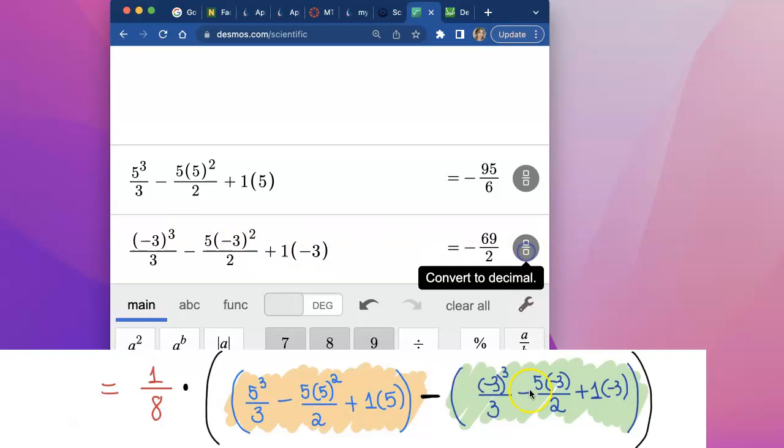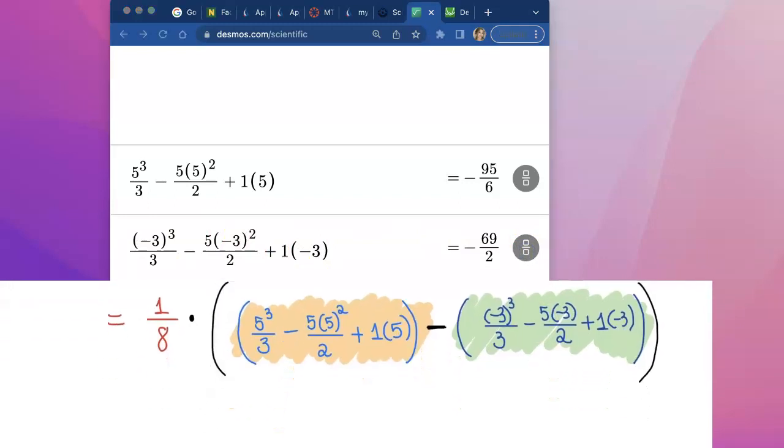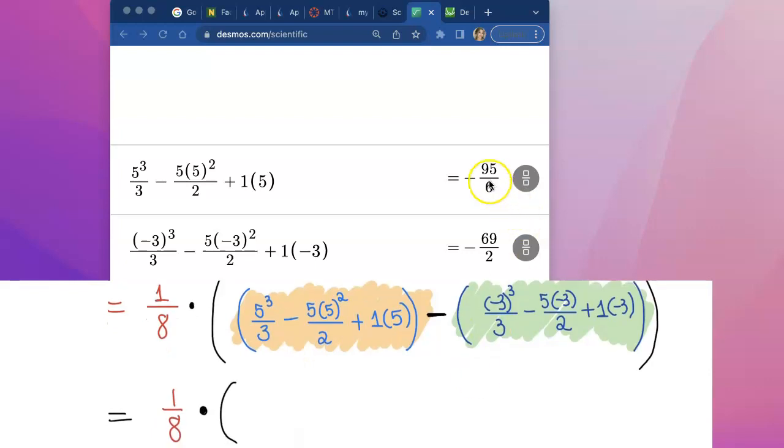All right, so I got the orange and the green. I'll write this out. I will have to multiply 1 over 8 by the orange, which was negative 95 over 6, minus the green, which was negative 69 over 2. I think I can do that.